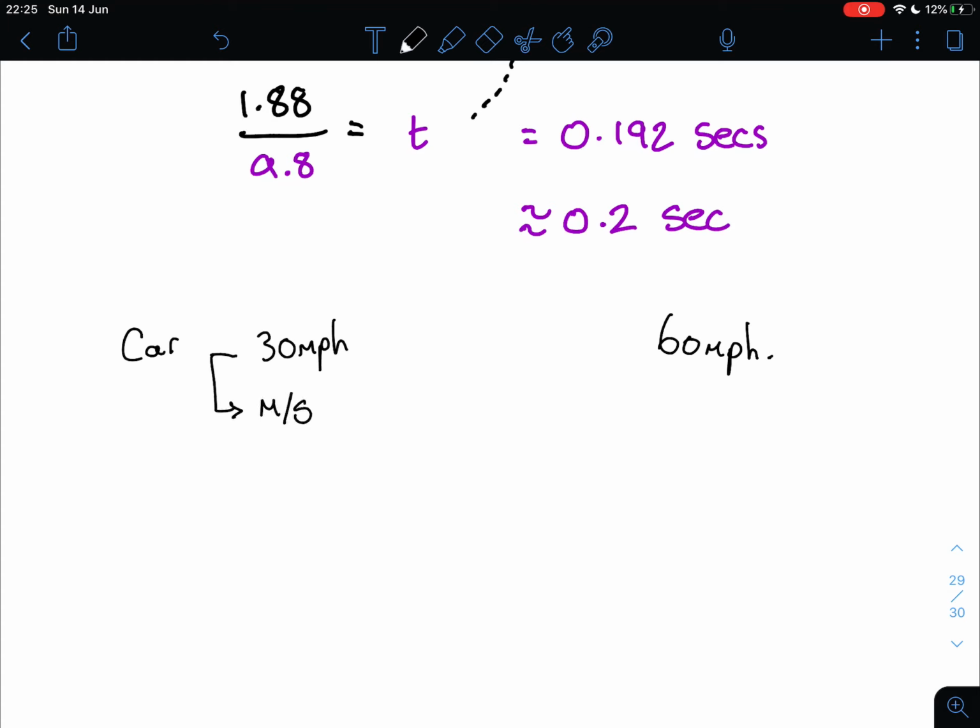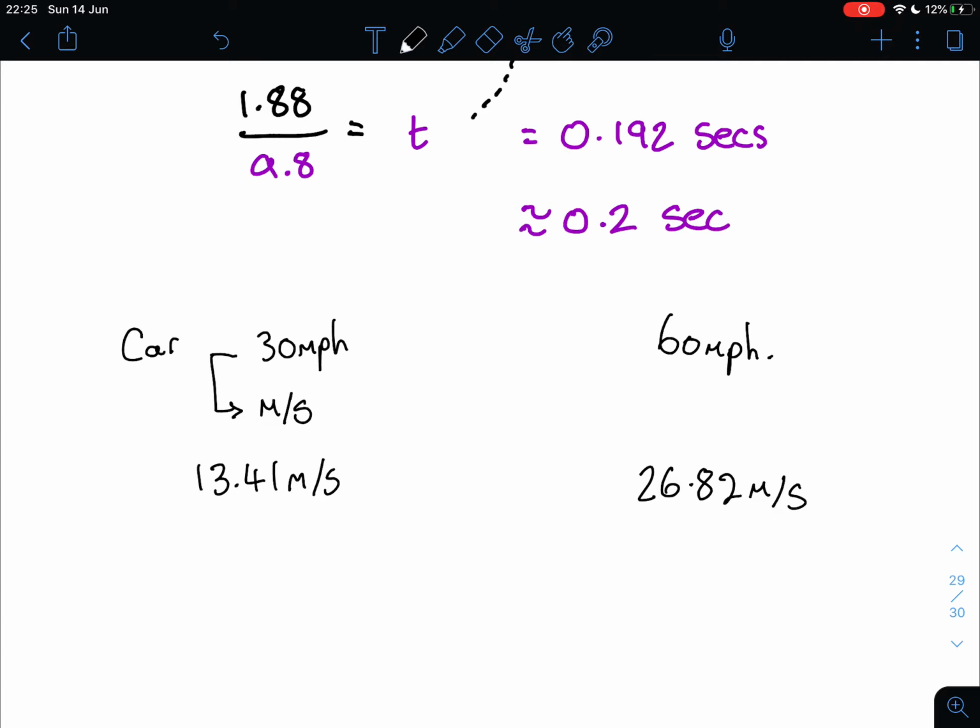So I get my trusty phone, and hopefully I can use Google. Convert 30 miles per hour into meters per second. 30 miles per hour is equal to 13.411 meters per second. Okay, and 60 miles per hour, funnily enough, will be 26.82 meters per second.